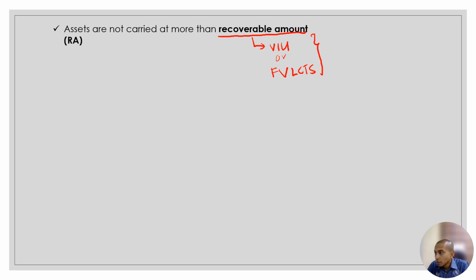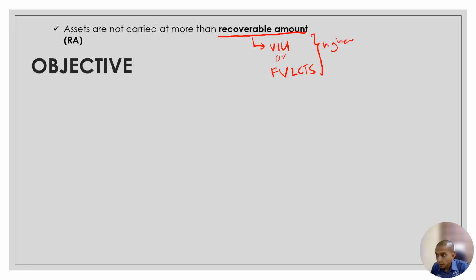So basically, the recoverable amount is the higher of value in use or fair value less cost to sell. Remember, this is the way for us to recover the cost to purchase the asset. So we are going to continue using it or sell it, and we choose the higher.